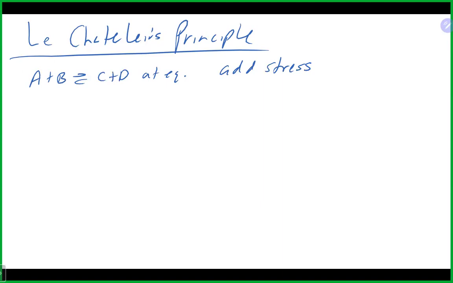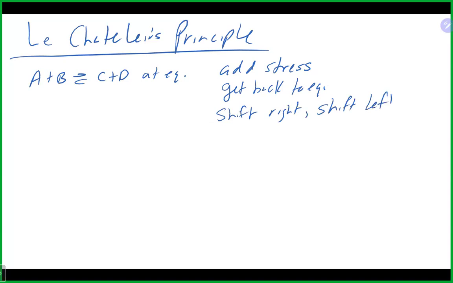And as we talked about with these types of reactions, they want to get themselves back to an equilibrium state. So they almost self-correct. And it will get back to an equilibrium state by doing one of three things: shifting to the right, shifting to the left, or no change. Shifting to the right means you would make more products. Shifting to the left, in terms of the equation, means you would make more reactants.